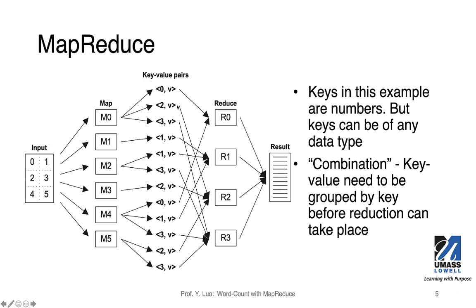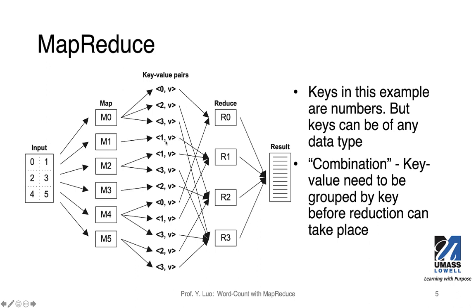These key value pairs will be dispatched to the reduction phase, which will be carried out on the R processors, R0 through R3, those 4 processors. Also, you notice that we are distributing these key value pairs based on the keys. So all the key value pairs where key is 0 will be sent to R0.